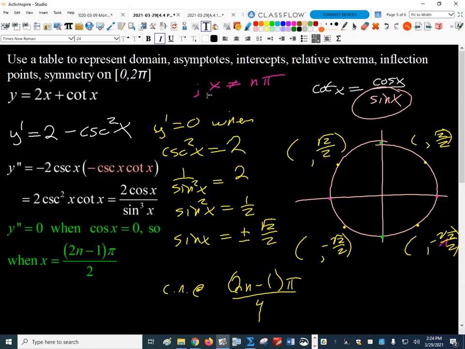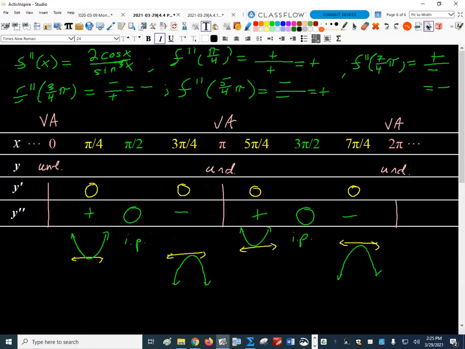If I had said that, it would have made the problem quite a bit easier. We wouldn't have had to worry about all those infinite odd multiples. We could have just picked the specific values in our table between 0 and 2 pi, right? That would have made things a little simpler.